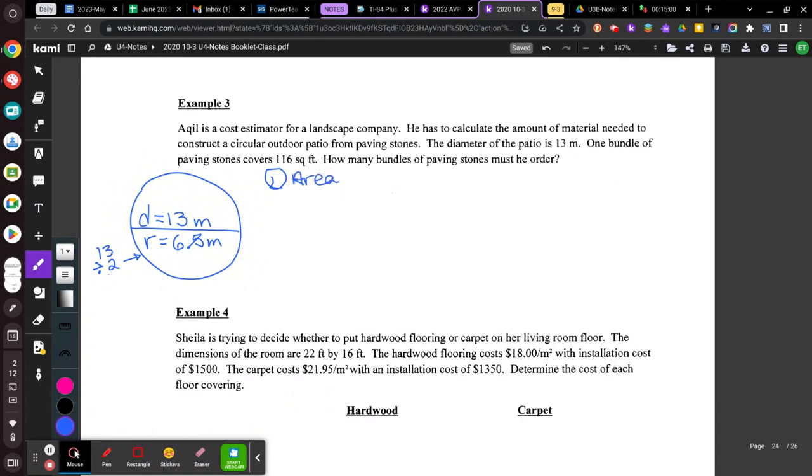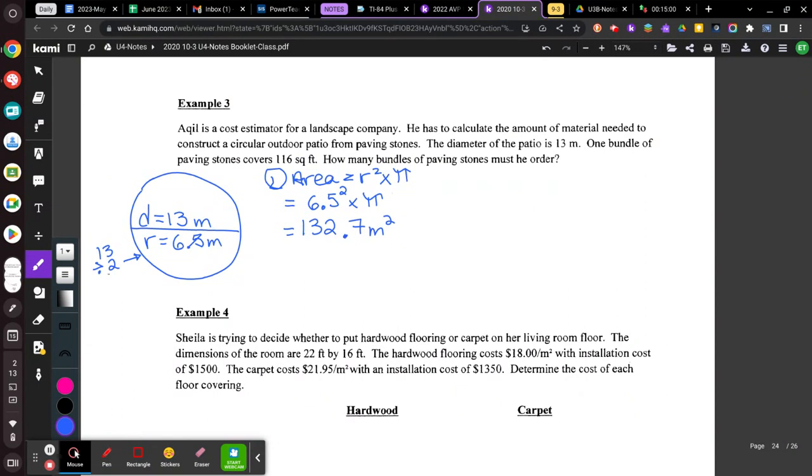The area is going to be r squared times pi because it's a circle. So I have 6.5 squared times pi. And we're going to get a really big answer of 132.7 meters squared.